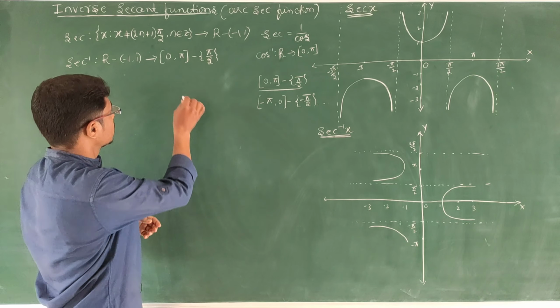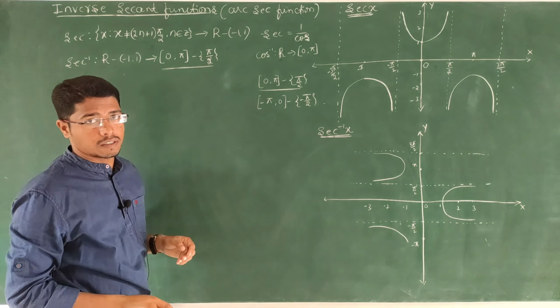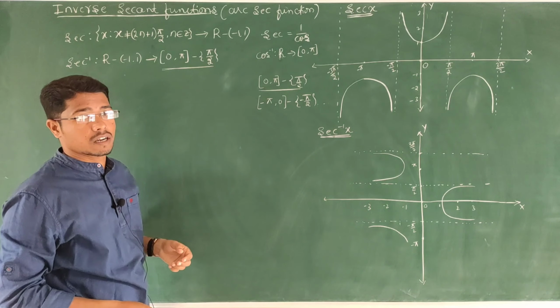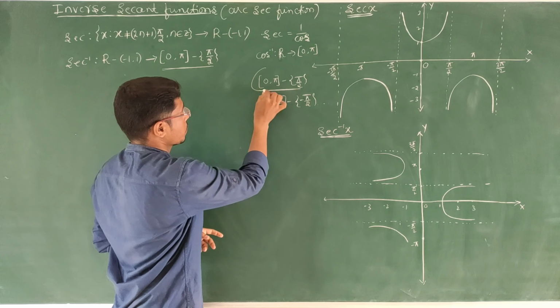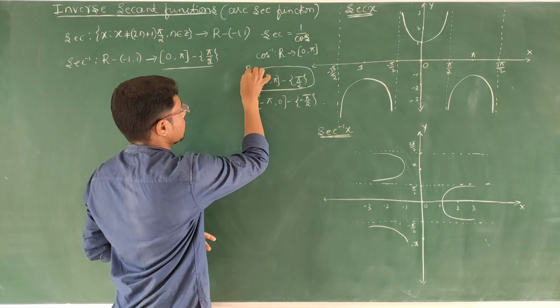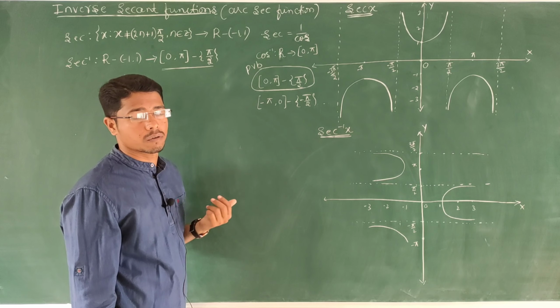So the range with this period is called the principal value branch. PVB means principal value branch.